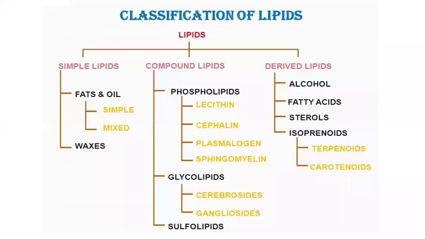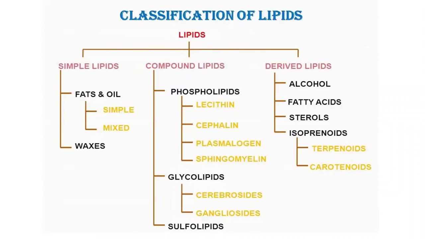The classification of lipids. The lipids are classified into three types: simple lipids, compound lipids, and derived lipids. Simple lipids are made up of fatty acids and alcohol.